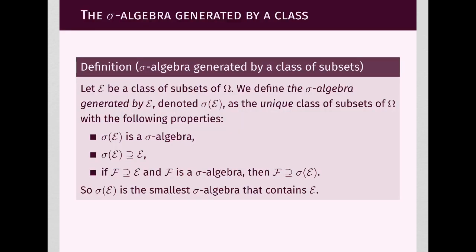So we have seen the notion of the sigma algebra generated by an arbitrary class of subsets of a sample space. It was defined as a sigma algebra itself, it contains the class, and any other sigma algebra that contains the class must contain it.